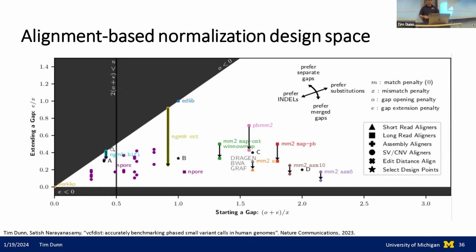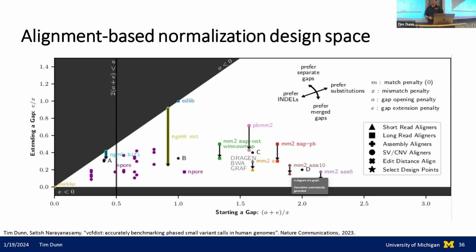So those types of aligners will be clustered down here near the origin. Moving forward, I'd like to highlight design points A, B, C, and D across the space, to show different representations that could be used in reporting variants.